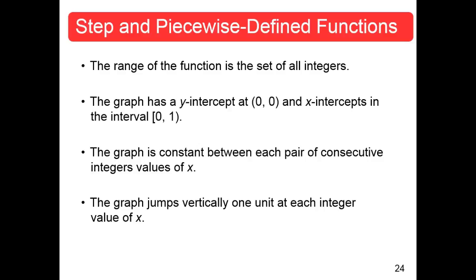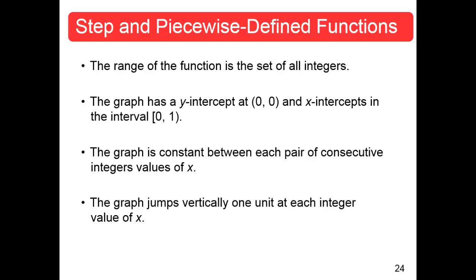Okay. The graph is constant between each pair of consecutive integers of x, and typically it increases in steps. So we don't call it an increasing function. It's not a constant function. It's constant between each pair of consecutive integers. That's about all you can say. The graph jumps vertically 1 unit at each interval value.